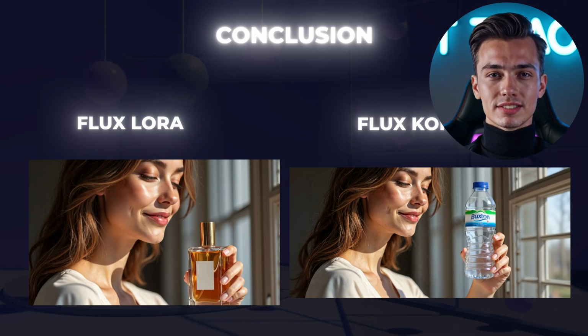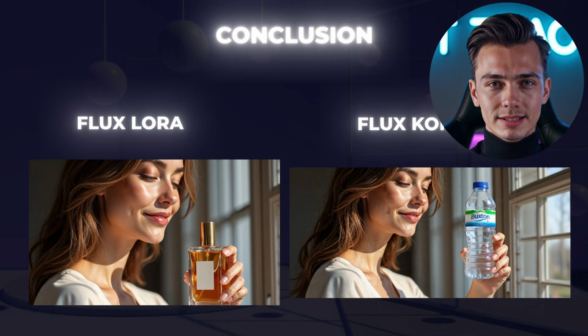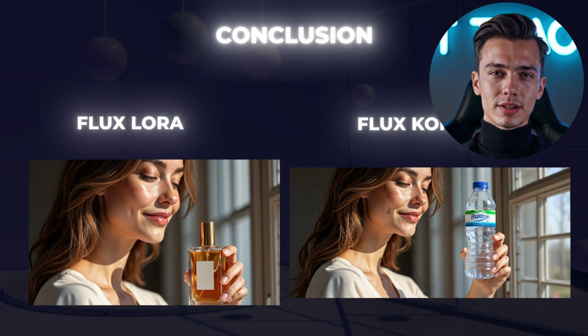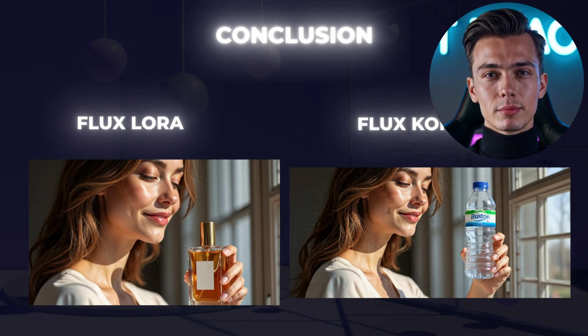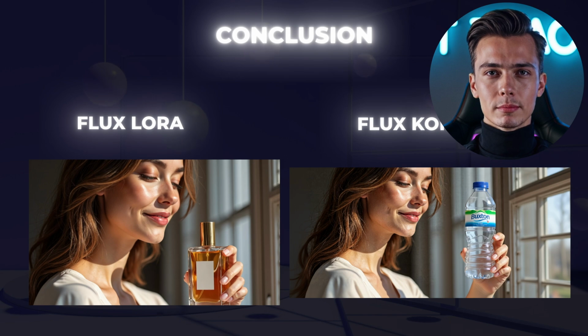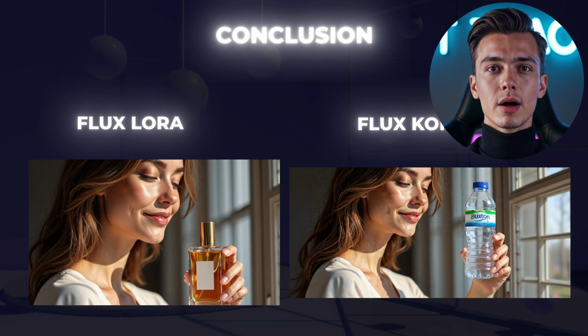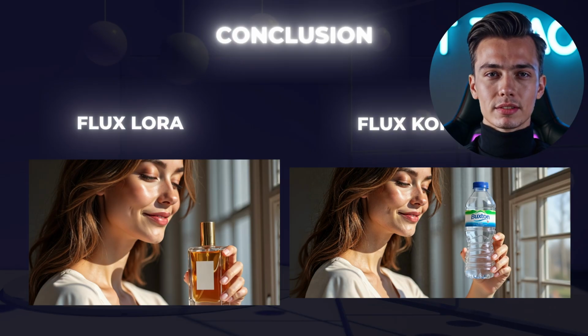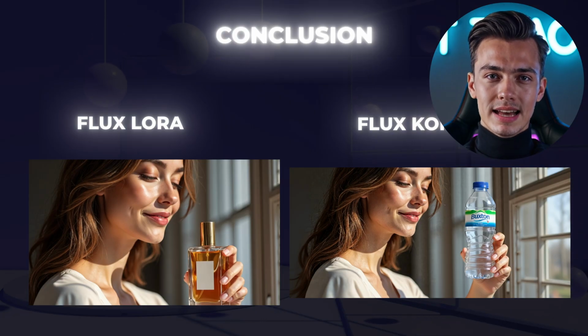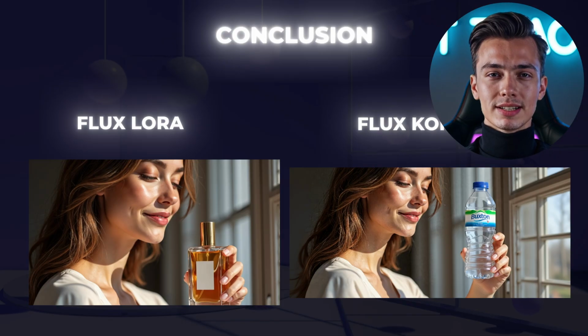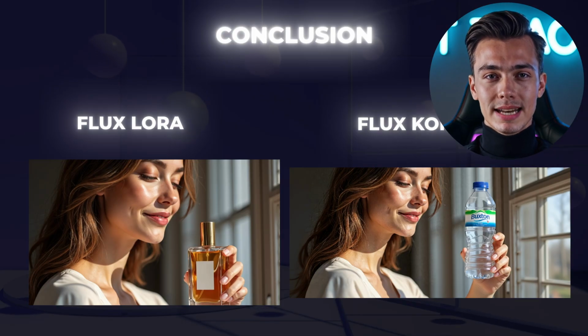And Flux Context will not mess it up that much because we are going to use simple prompts like replace the perfume with a water bottle, or replace this with this. We are not demanding to change the original image so much. The prompt will be less complex. And as I already mentioned, Flux Context only struggles with complex prompts.